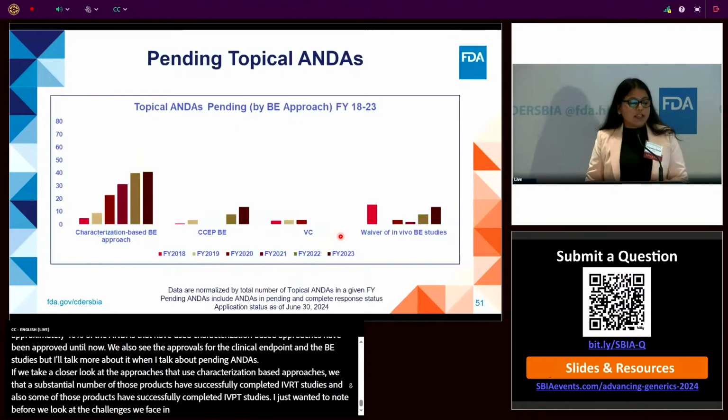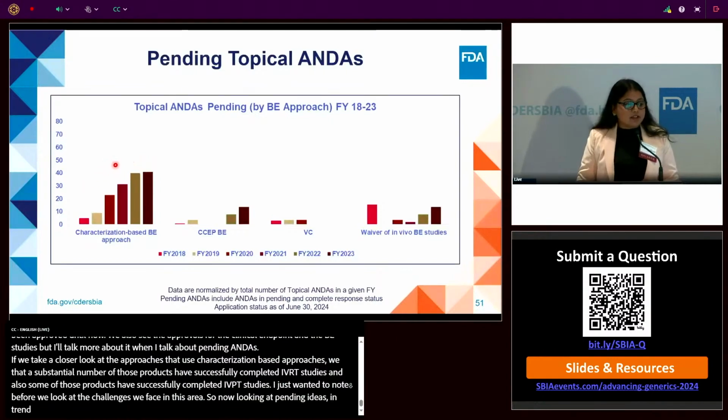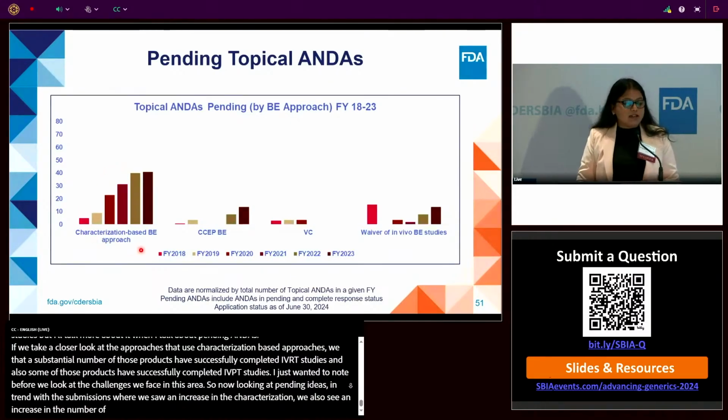So now looking at pending ANDAs. As we look at pending ANDAs in trend with the submissions where we saw an increase in utilization of the characterization-based approaches, we also see an increase in the number of pending ANDAs when a characterization-based approach has been used, and I'll delve into this a little bit more on subsequent slides.